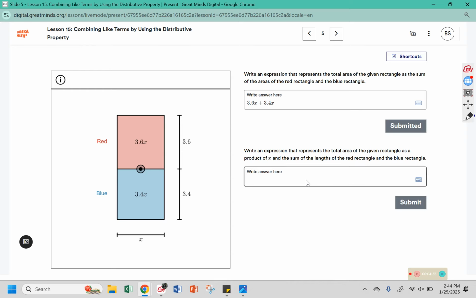Write an expression that represents the total area of the given rectangle as a product of x and the sum of the lengths of the red rectangle and blue rectangle. So this is using that distributive property like we saw in the last couple lessons. So with a width of x and a height of 3.4 plus 3.6, the product of those two would give us the area.